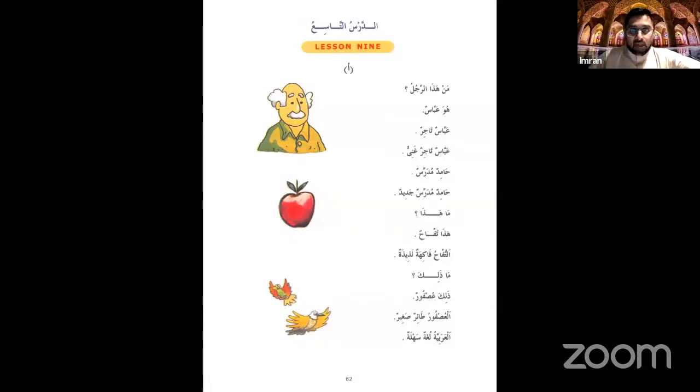For example, the beautiful book is on the table. So in the English language, we always translate the adjective first and then the noun which we are going to describe, we bring that after. We say the beautiful book is on the table.